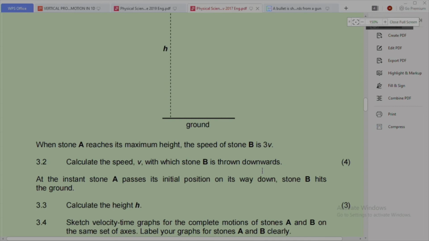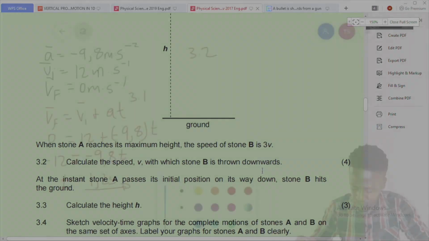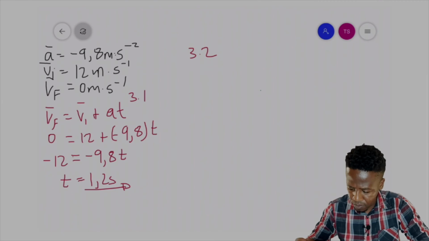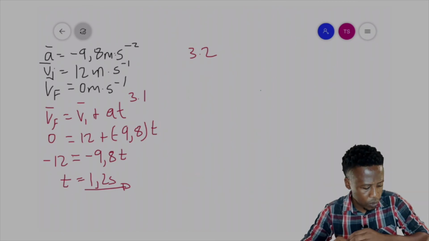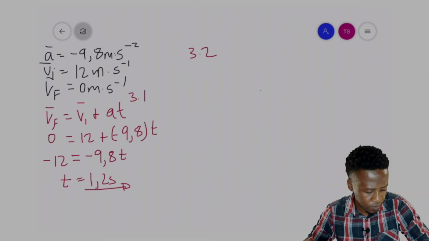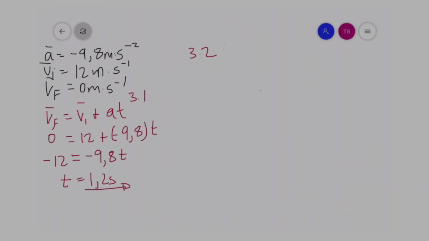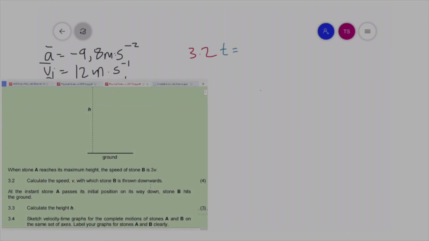So let's quickly tackle that. Right, what do we know? We know our time, which is 1.2 seconds. Because why?